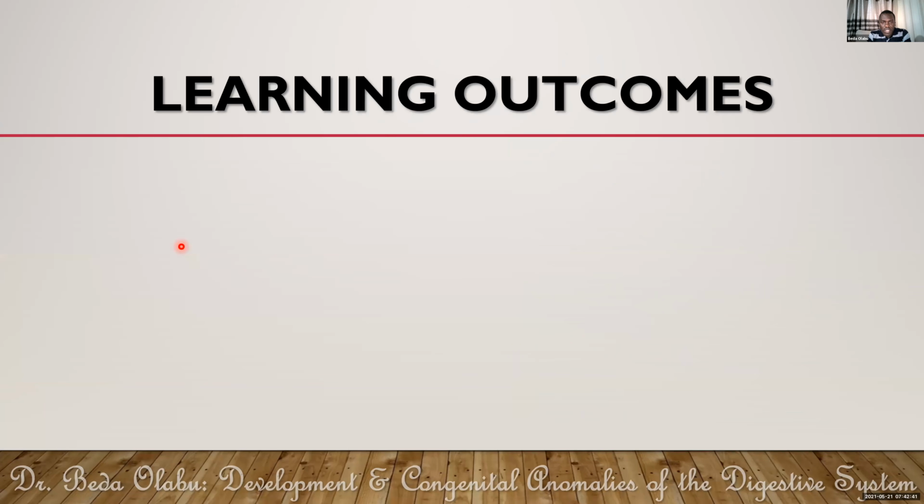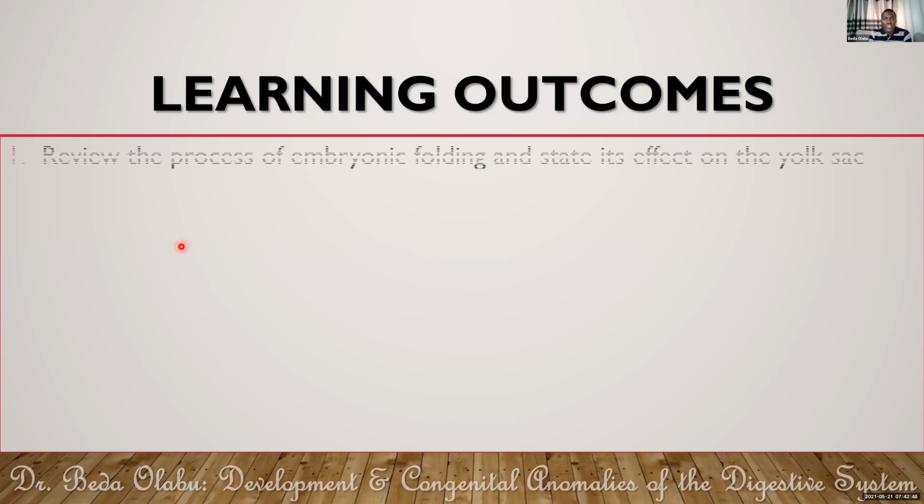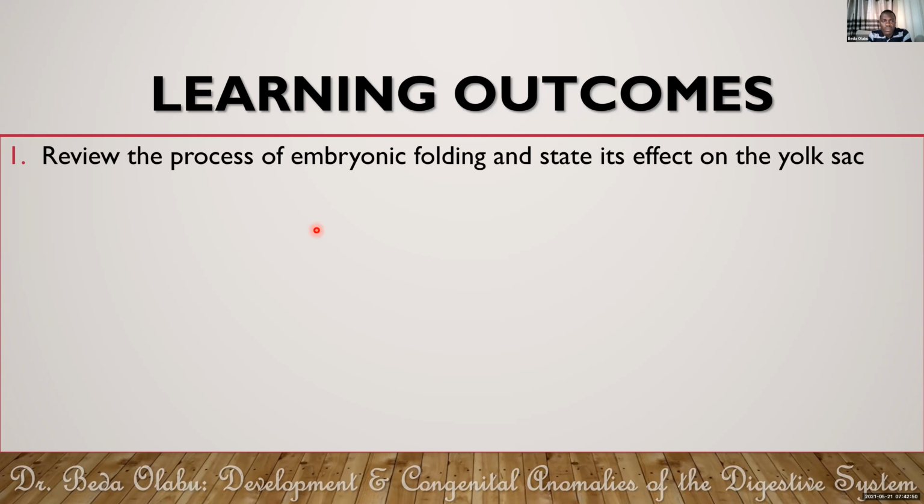So in this lecture, what do we need to learn? First of all, we will review the process of embryonic folding and state the effect of embryonic folding on the yolk sac. How does embryonic folding influence the yolk sac?